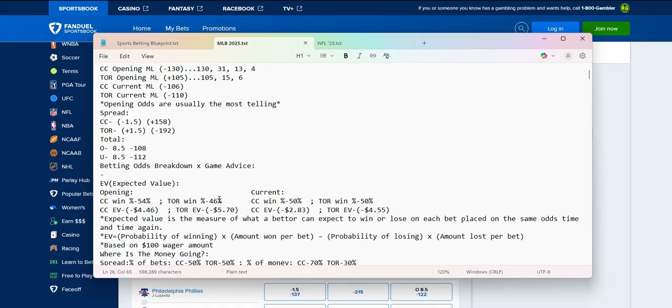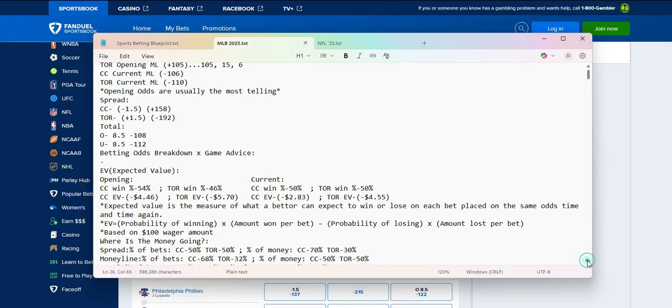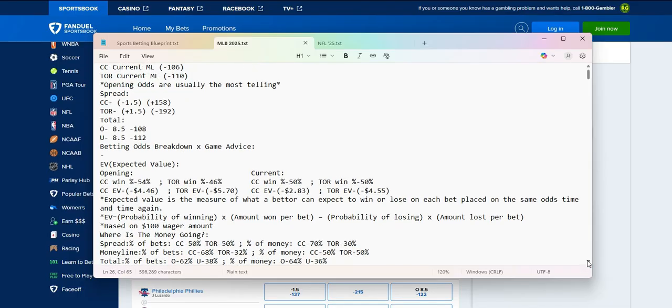So, based off where this money is going, the Cubs did decrease from minus 130 opening to minus 106. And their amount of money is at 50-50 on both teams. So basically, bettors are split 50-50 based off the money, but not based off the betting. 68% going with the Cubs in this one, and it reflected on the opening.